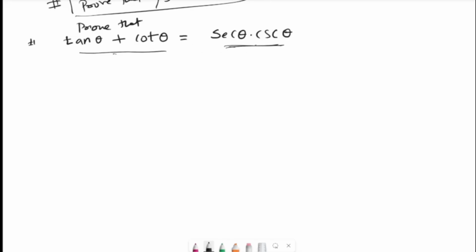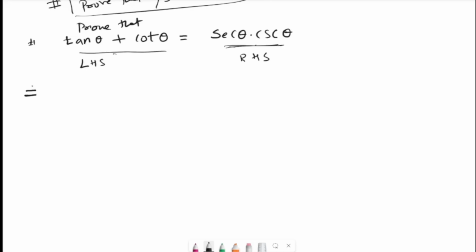Left hand side and right hand side are equal. This is the LHS and this is the RHS. We're going to take the left hand side and rewrite it. We will manipulate it, massage it, do whatever we want, as long as we follow the mathematical laws, and arrive at the right hand side. Okay, let me rewrite this.